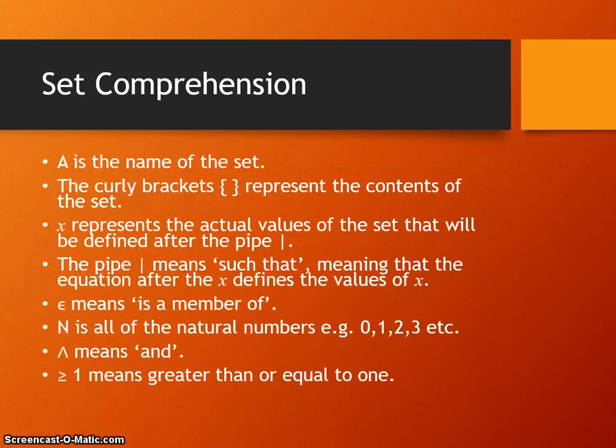So that's how we read it. A is the name of the set, the curly brackets represent the contents of the set, X represents the actual value of the set that will be defined, the pipe symbol means such that, the euro style symbol means a member of, N is all of the natural numbers, the hat means and, greater than or equal to 1, and that's how we can define a set.